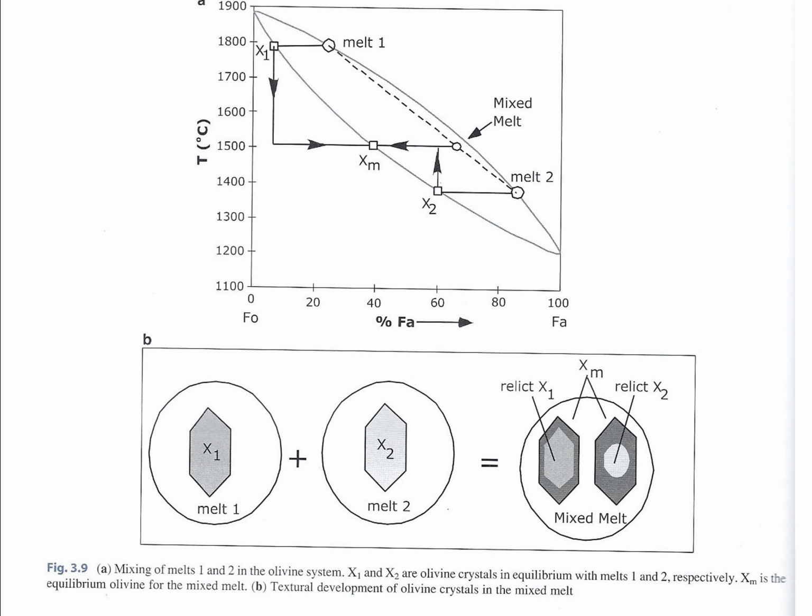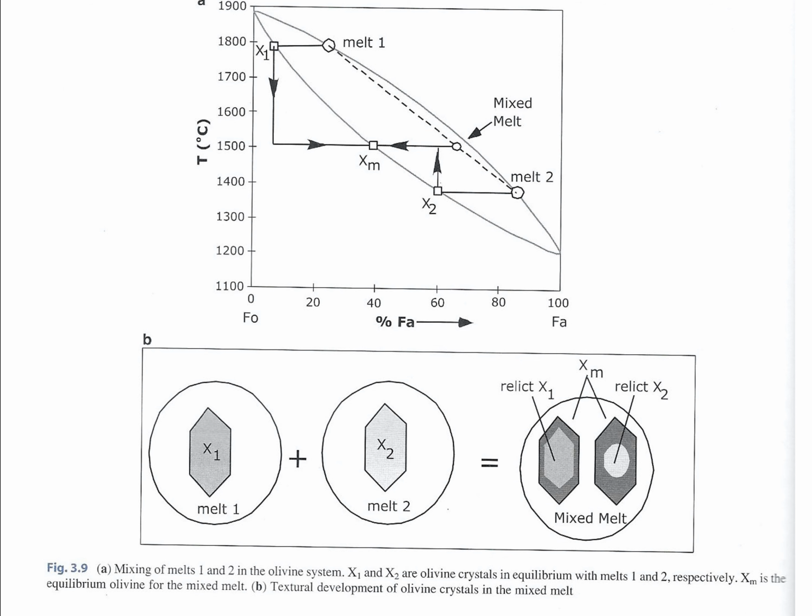That means, of the mixed melt XM, that is the mixed melt. We have two melts, and then these two melts become mixed up. In melt 1 we have already crystallized an olivine, and in melt 2 we have also already crystallized an olivine. And then we are getting mixtures.